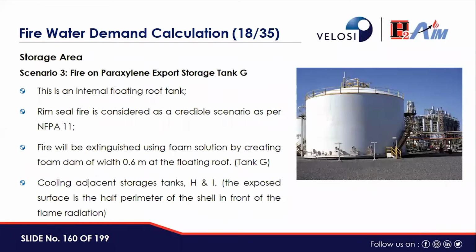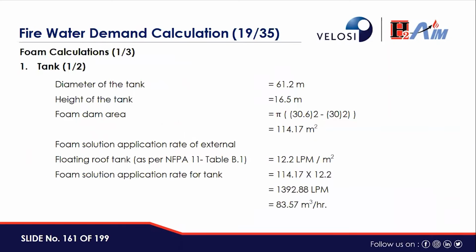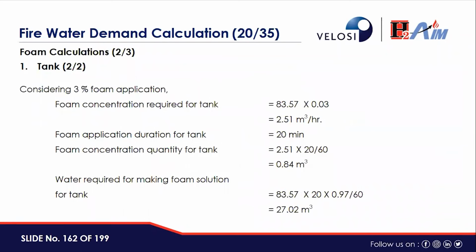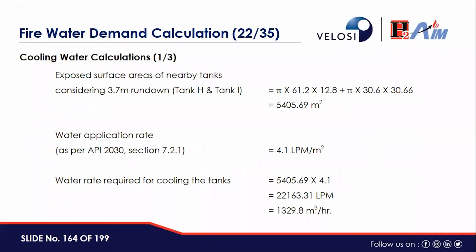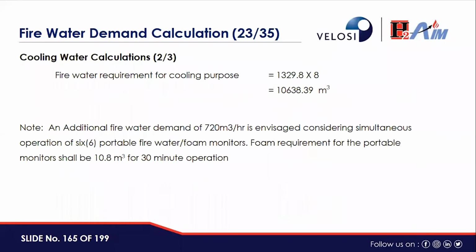Similarly, we have calculated for the other two scenarios. Scenario 3, fire on paraxylene export storage tank G. Similar calculations for this scenario as well, and similar calculations for the cooling water.